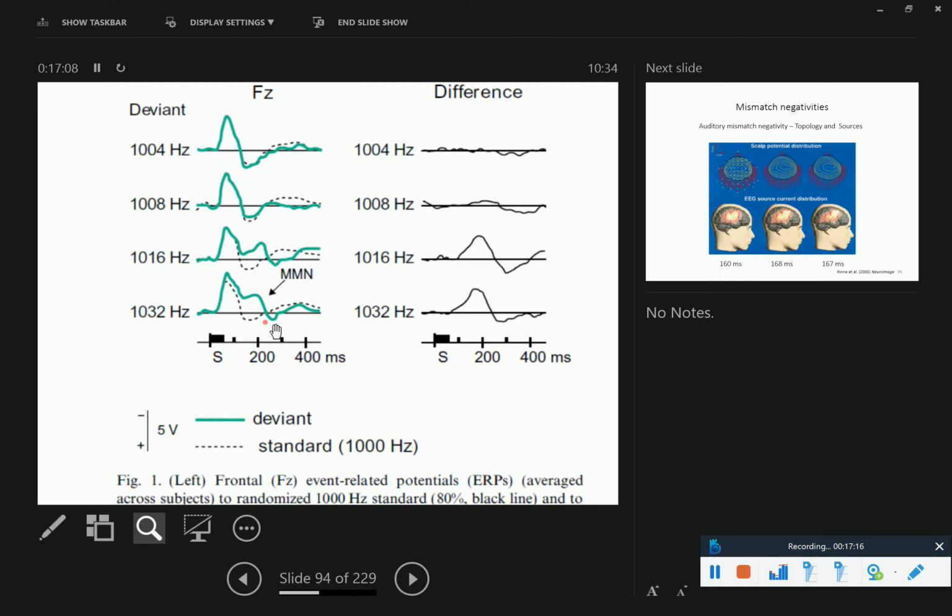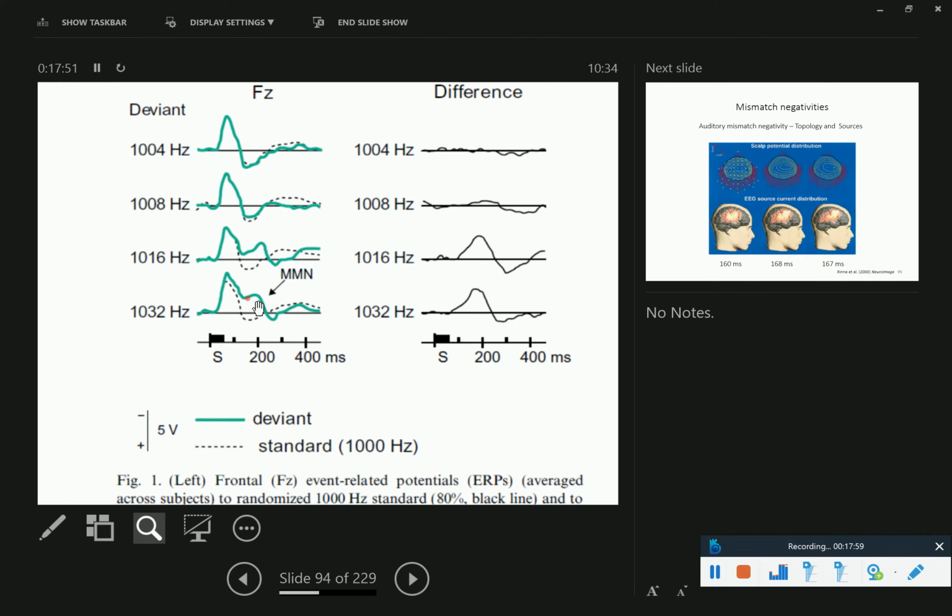And you see that if the deviant deviates more from the standard in terms of its physical deviation, the mismatch negativity, which is the difference between the green line and the black line, and you have to adapt in this case to the idiosyncrasies of EEG researchers from 1950 to 1990 or whatever, you get more negativity after 150 milliseconds if you have a deviant.